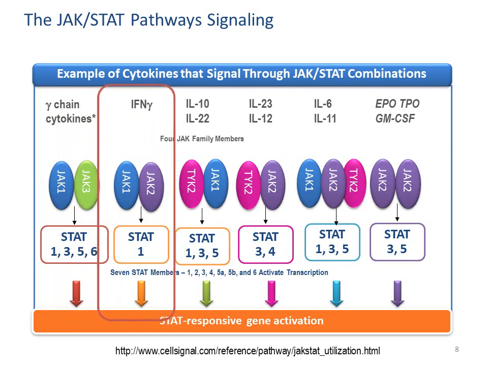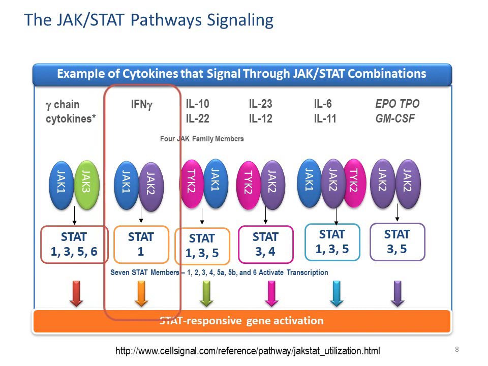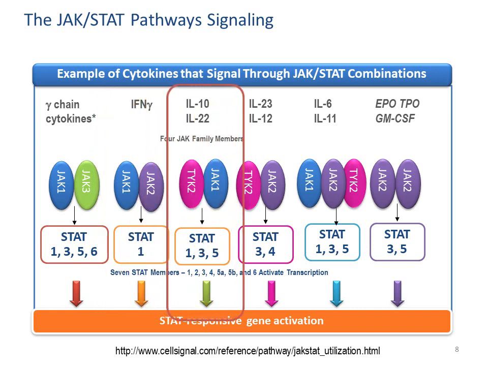The JAK1, JAK2 are more commonly used by interferons and basically produce a STAT1. This pathway is a pathway that deals a lot with viral diseases. Interleukin 10 and interleukin 22 are going to use different pairs of JAKs and different STATs, the 1, 3, and 5.